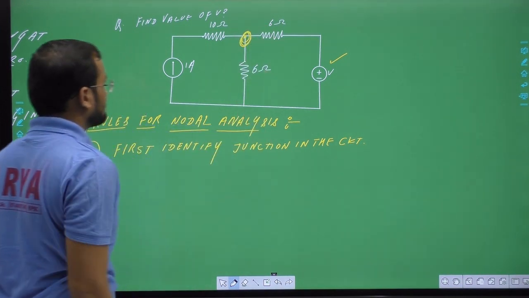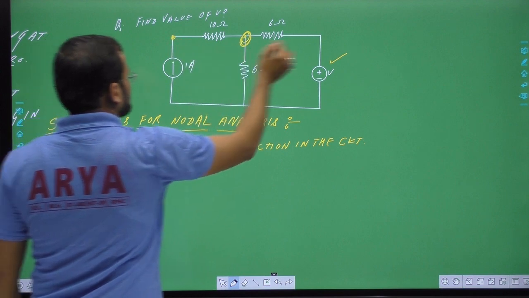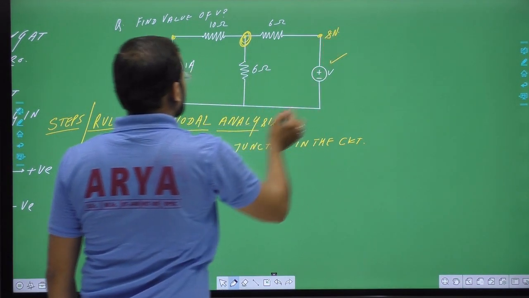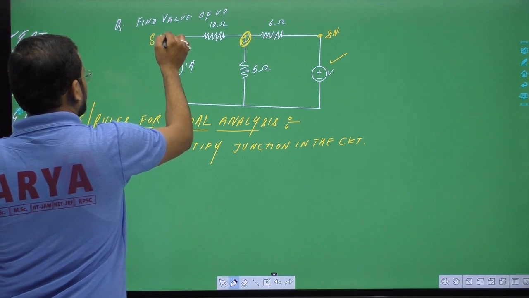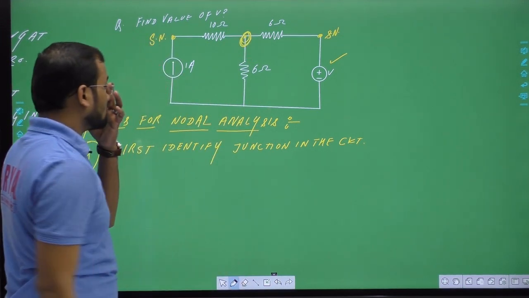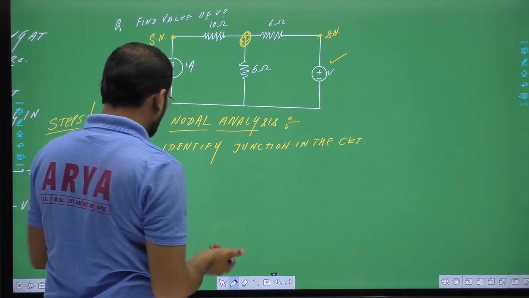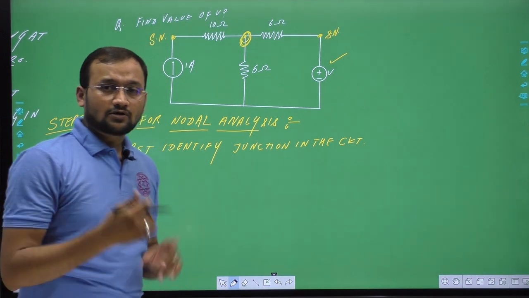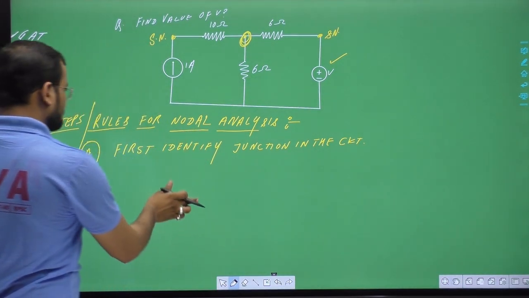These are our simple nodes, and this is our principal node or junction, because we have to apply nodal analysis at the junction or principal node.